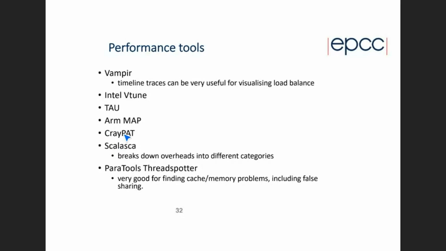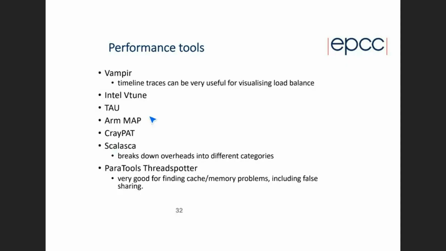Some of these are obviously Intel hardware specific, others cost money, some don't. Scalasca, for example, is free and I won't say easy to install, but not a complete nightmare to build for yourself.